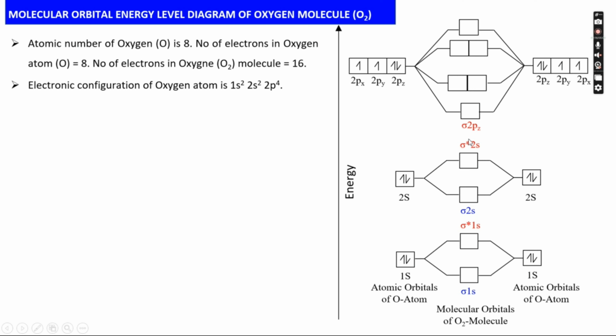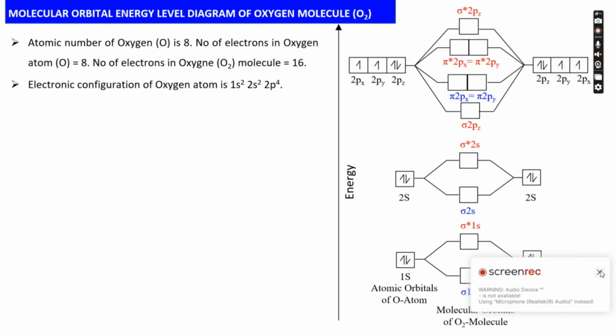Therefore, sigma 2pz molecular orbital is formed. After this, 2px and 2py atomic orbitals can overlap with 2px and 2py atomic orbitals of another oxygen atom, leading to the formation of pi 2px and pi 2py molecular orbitals. Both molecular orbitals have the same energy. Similarly, the antibonding molecular orbitals are named pi star 2px, pi star 2py, and sigma star 2pz.